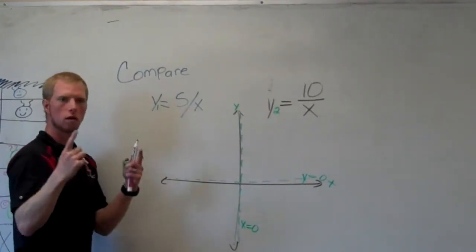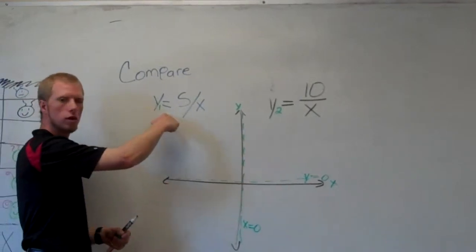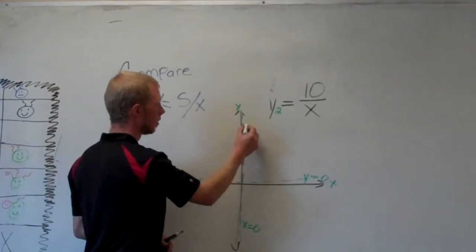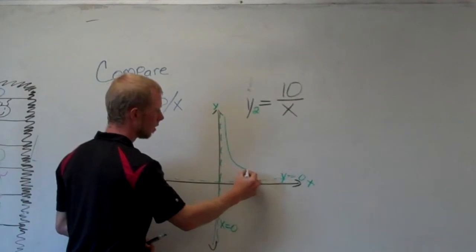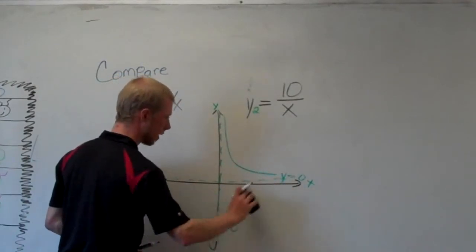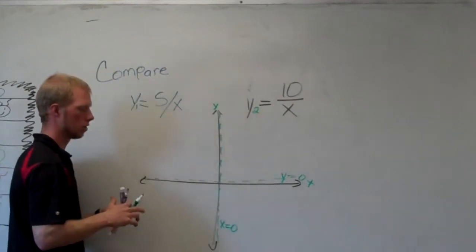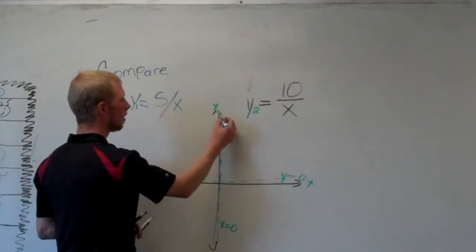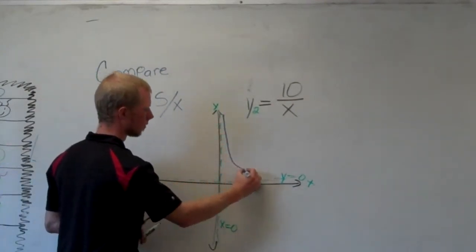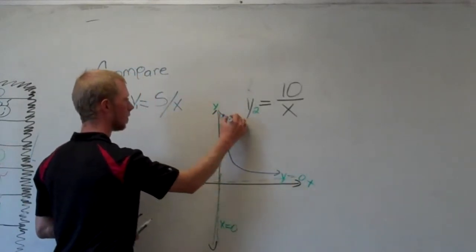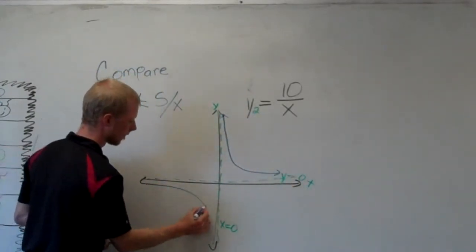In my calculator, the first two branches will always be whatever y1 is. What you find is that this, and let me do that in blue so it matches our question here, gives me a curve like that.